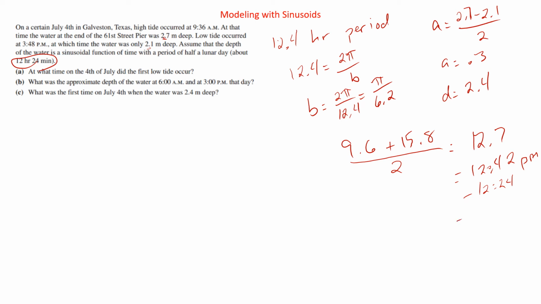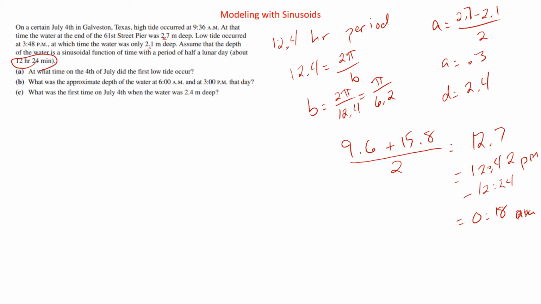So it's at 0:18, so midnight and 18 minutes, a.m. because 0 is a.m. That's going to be the first center point. So not a high tide or low tide, but like the equinox of the tides.